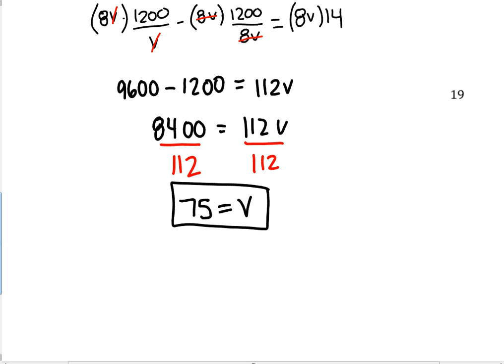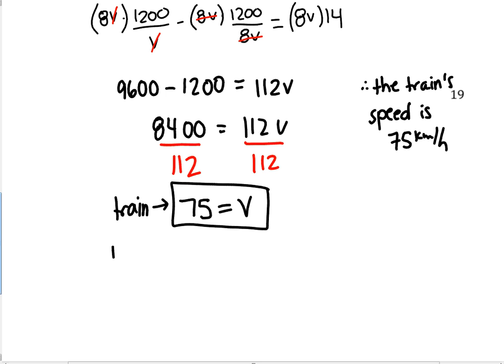Okay, so what's our final answer? Therefore, the train speed is what? Was the train 75 or the plane? The train. So the train speed is 75 kilometers per hour. How do we get the plane? So that was the train.